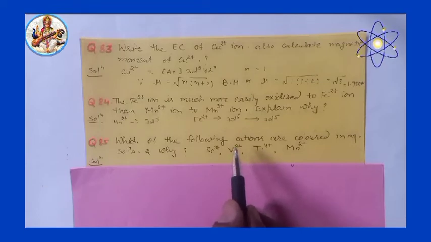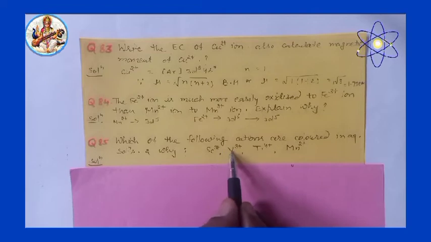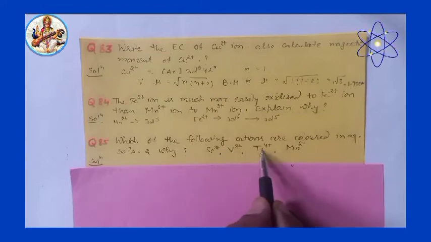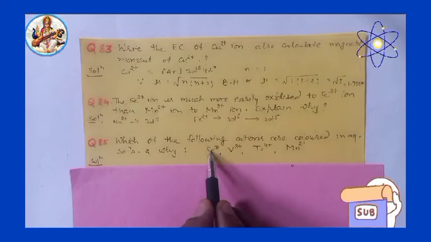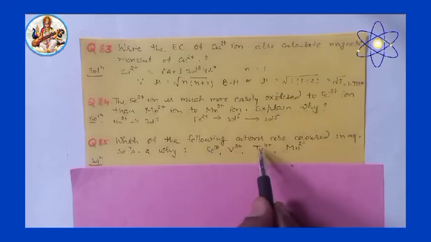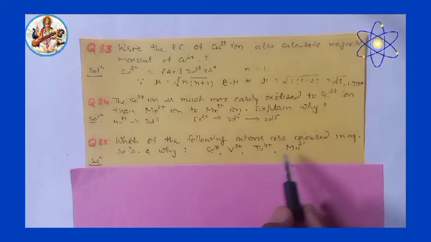Here two unpaired electrons are present in d orbitals, so it undergoes d-d transition. So it shows green color. The electronic configuration of titanium 4+ is 3d0 4s0, similar to scandium 3+, so titanium 4+ is colorless due to empty d orbitals.